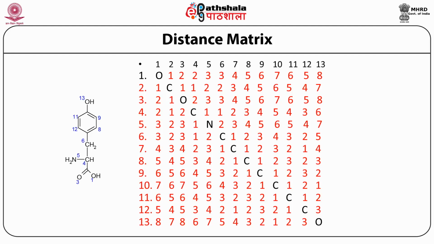You can count: 6 to 4, then 4 to 2 and 2 to 1. These 3 bonds are written in the first line of row 6. Similarly, the whole matrix has been filled up. But as you see, half of the matrix on the right-hand side is duplicated in the lower half. Hence, there is a redundancy in the matrix.